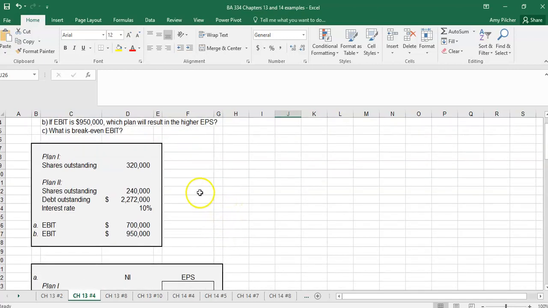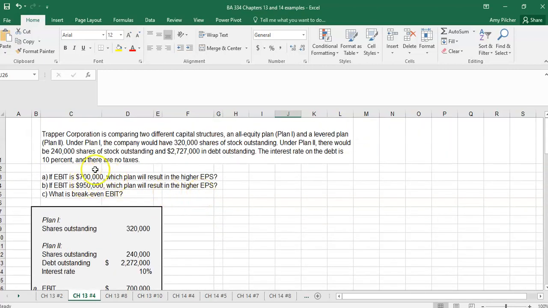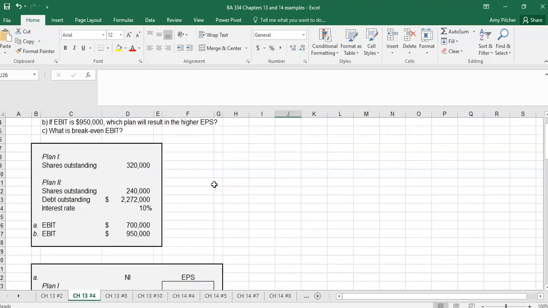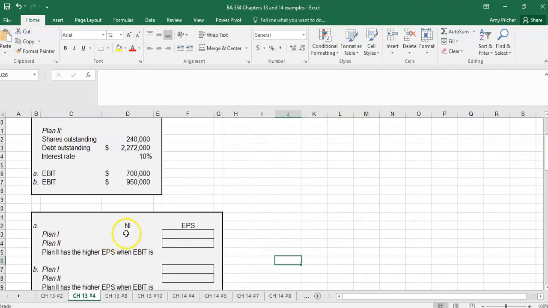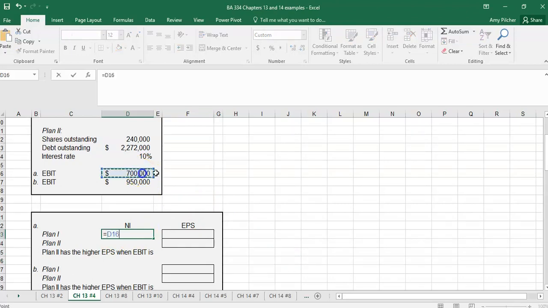So first, we're going to look at if our earnings before interest and taxes is 700,000, which plan results in the higher earnings per share. So under plan 1, we have our earnings before interest and taxes of 700,000.